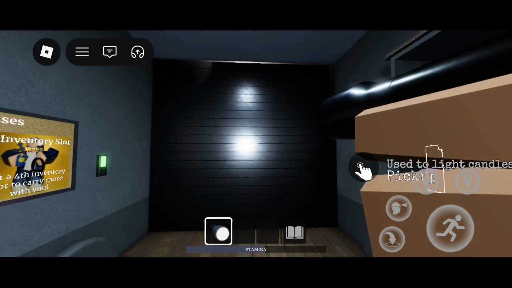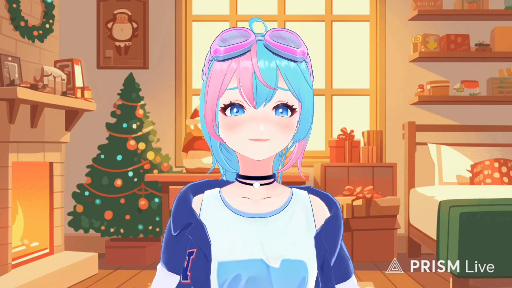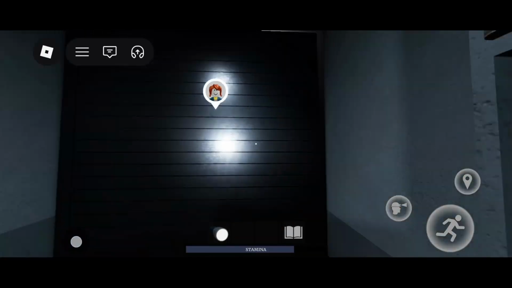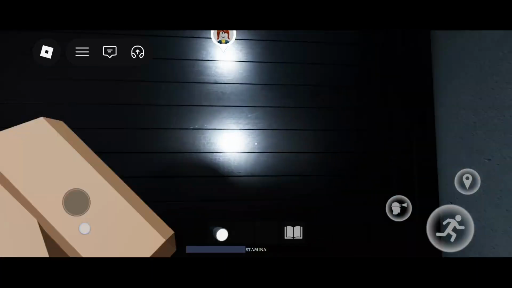The light bulb icon is used to turn on or off the equipment that you are holding. The location mark icon is used for marking a waypoint. And the running icon, self-explanatory, I guess, is used for sprinting.